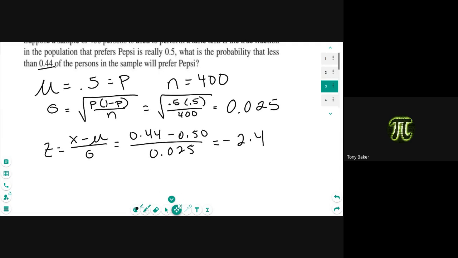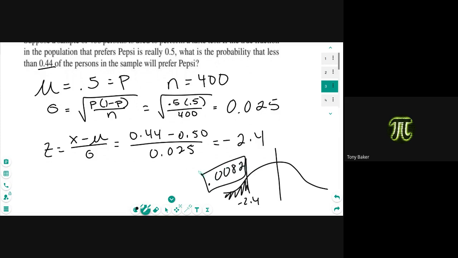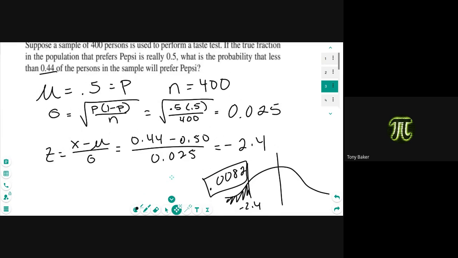If we look at our little chart, that's negative 2.4, and we're looking for less than that. So we're looking for that piece there, and that piece there is 0.0082. And that's it.